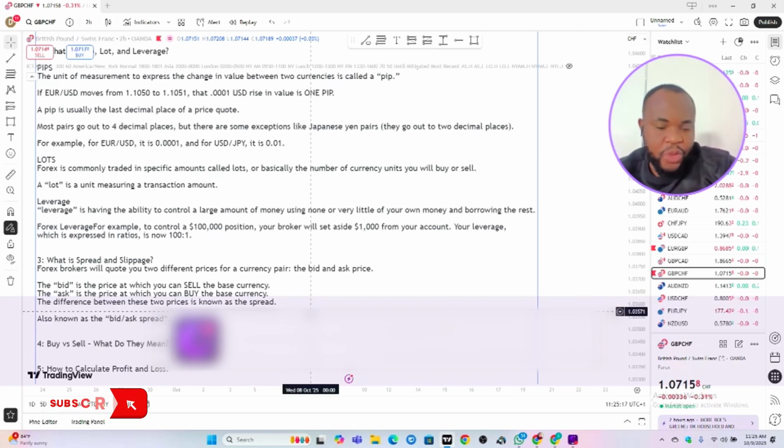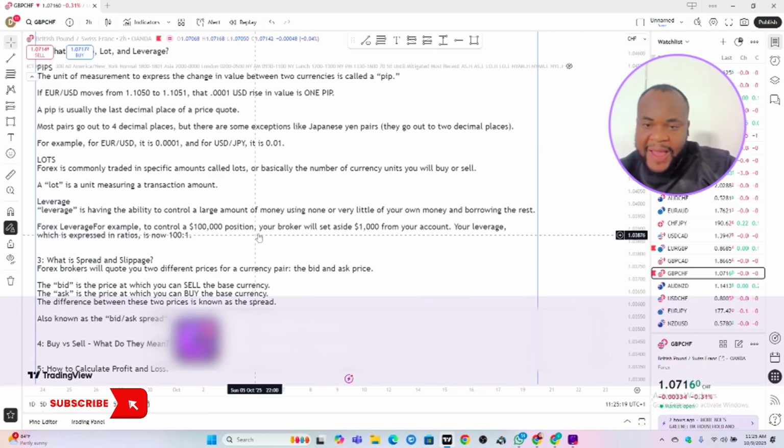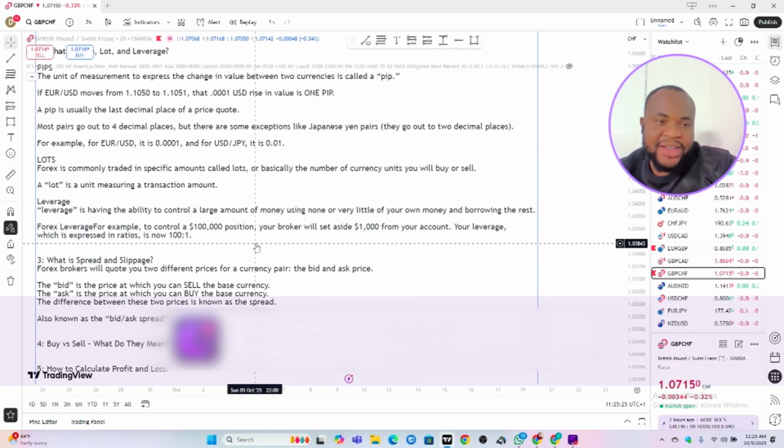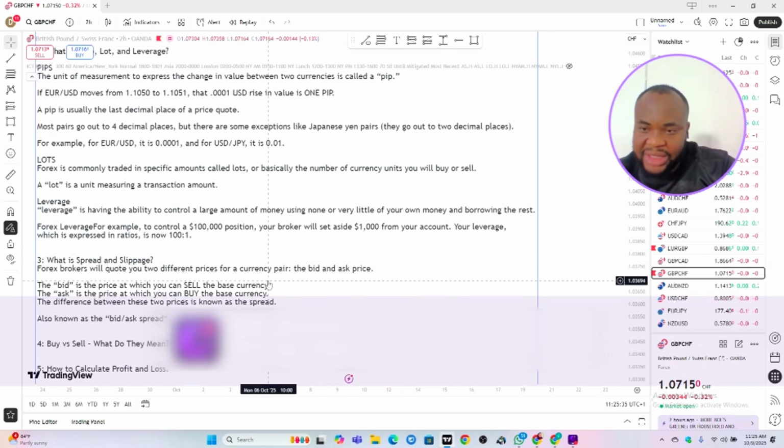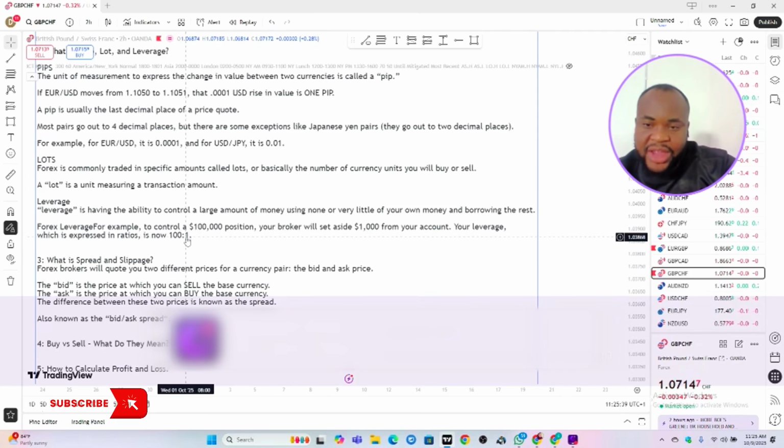Just go with little leverage, because leverage is kind of a way of spending money that is not yours. The money is given to you, but the money is not yours. So if your leverage ratio is 100 to 1, and you have a $1 account, you can actually trade with a $100 account.